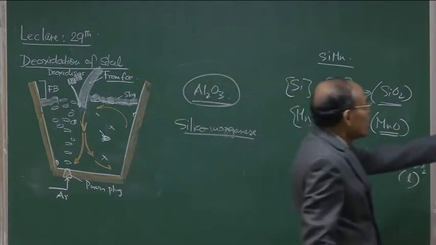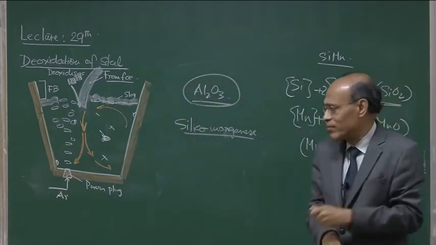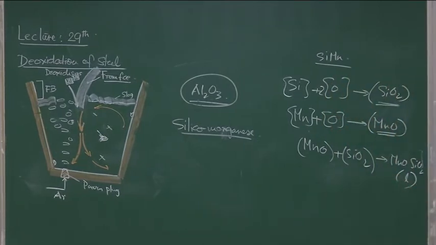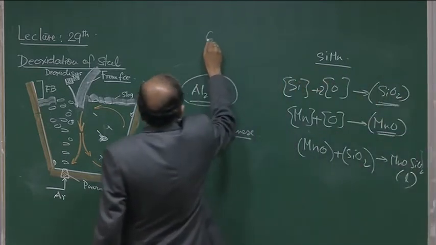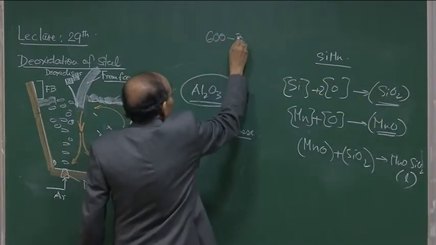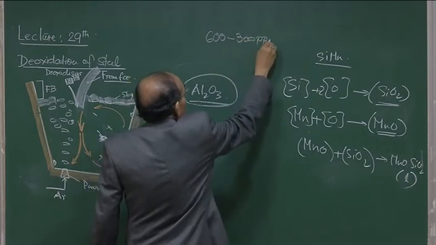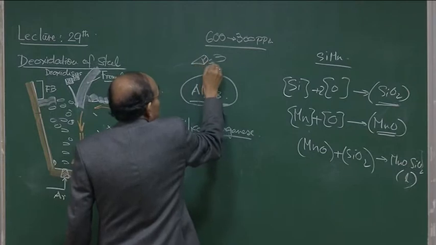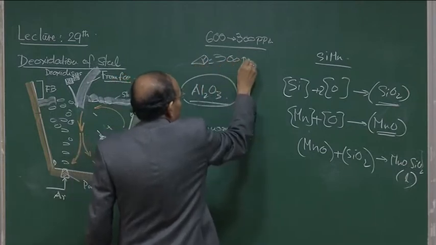In this case, the same calculation is to be carried out. For example, if I say that I have removed oxygen from 600 to 300 ppm, delta O equal to 300 ppm is removed.